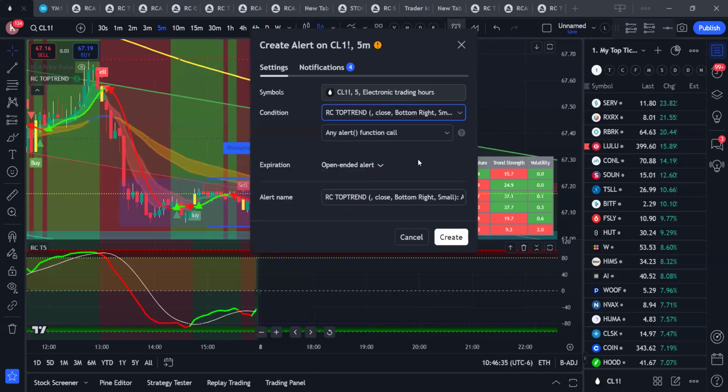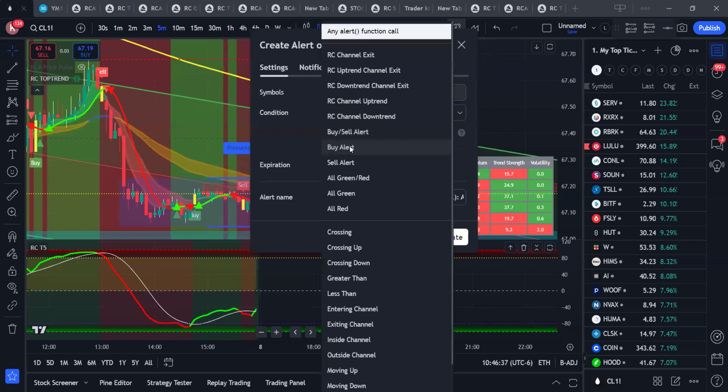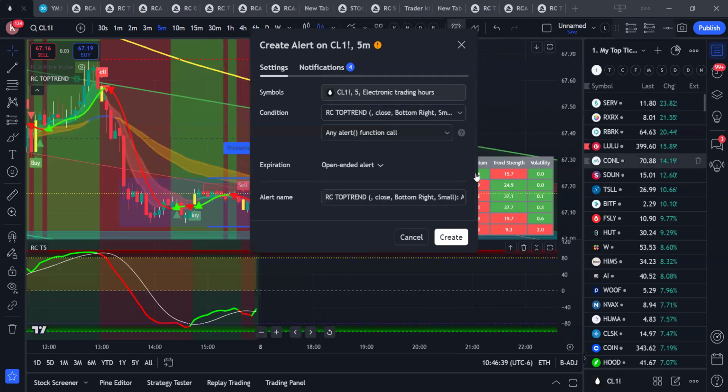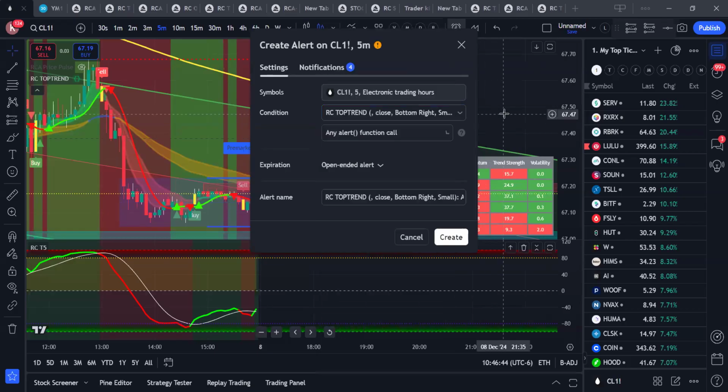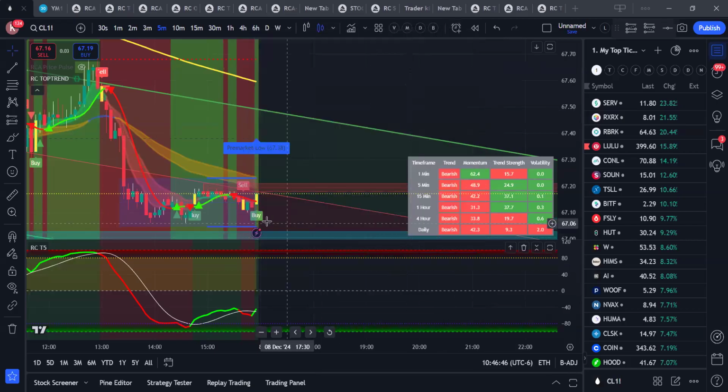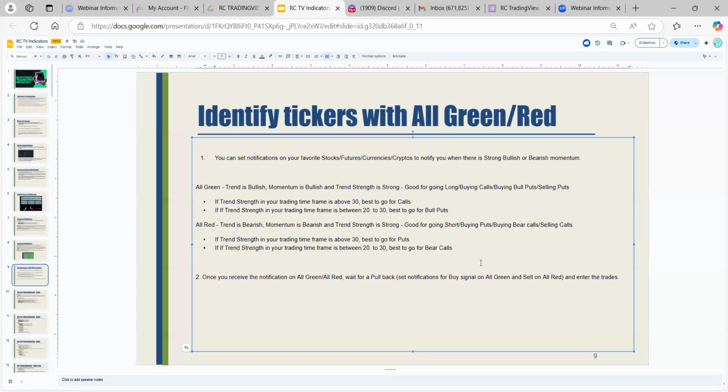If you see the table is green, you put a buy alert. If you see the table as red, you put a sell alert. That's it. Whenever you receive the next buy or sell, you are taking a trade, and then easily you will make your daily target.